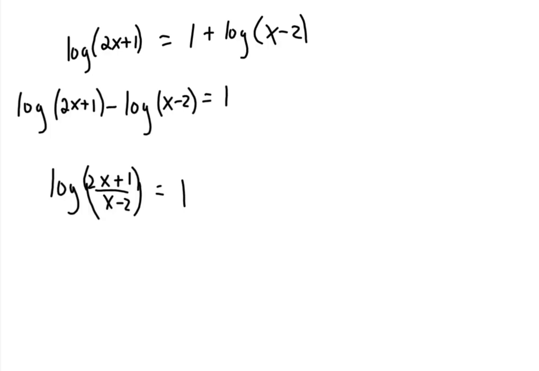Take to the base 10, which gives me this. 10 to the first power is just 10, right? Cross multiply, solve, and you should get x equals, figure it out. And then we've got to double check to make sure that the answer didn't give us a negative log inside the parentheses, right? All right, finish it out.